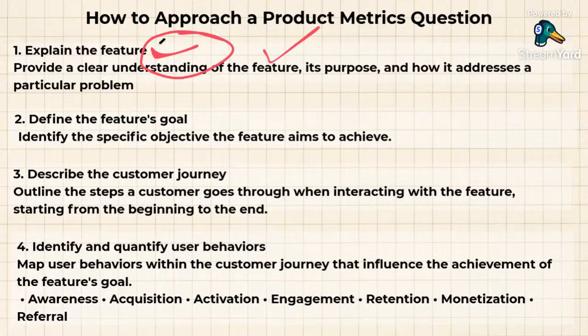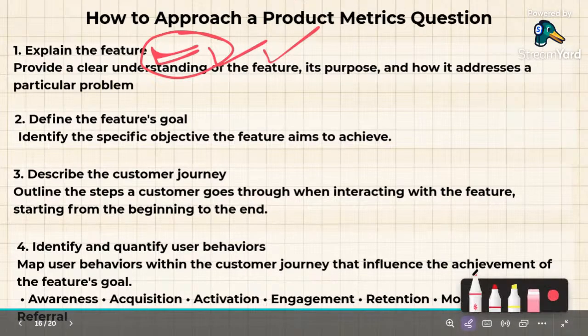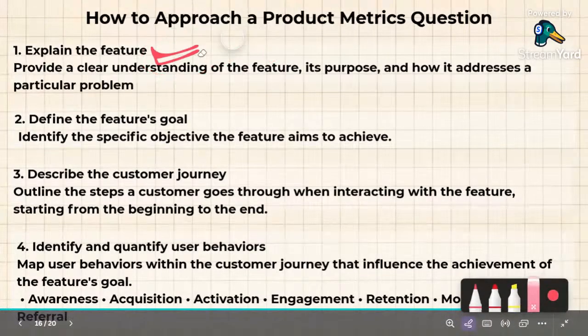So the very first step is to understand the feature, and the product they are talking about. The first step is to ask clarifying questions, in order to understand, as they mentioned, the status feature.